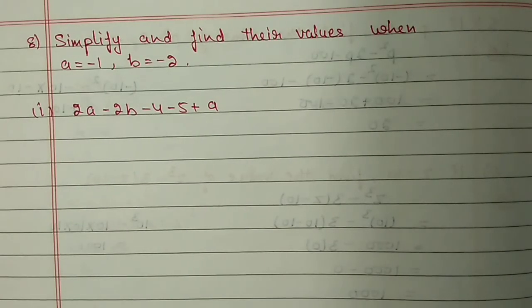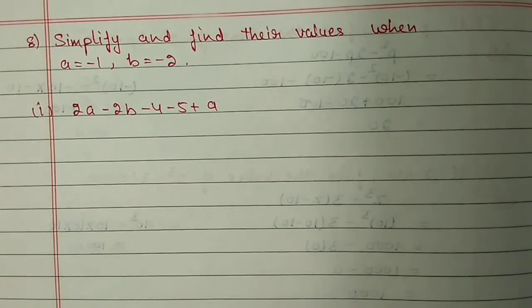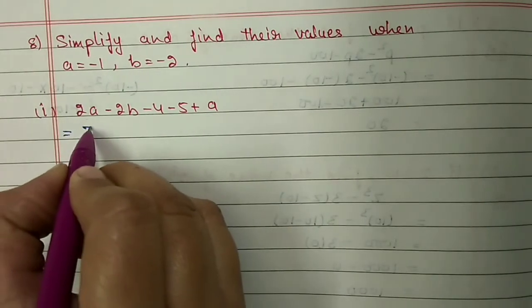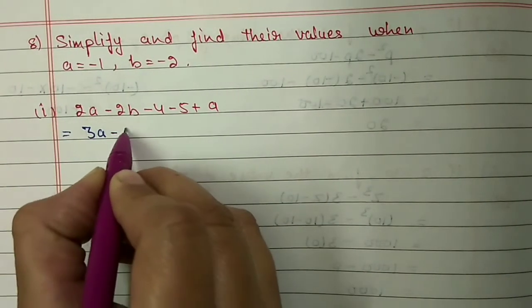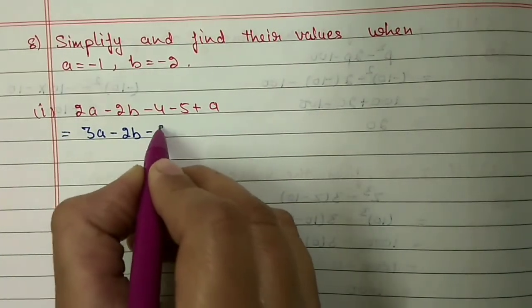Next, question number 8. Simplify and find their values when a is minus 1 and b is minus 2. So simplification means we will add the like terms. 2a plus a will become 3a. Minus 2b is alone as it is. Minus 4 and minus 5 will become minus 9.